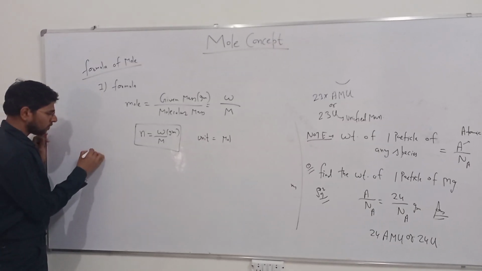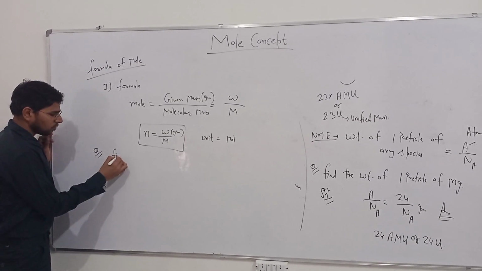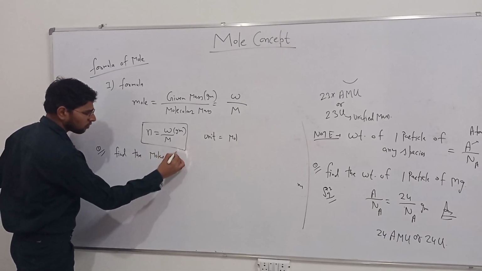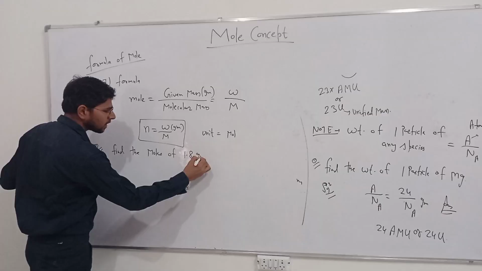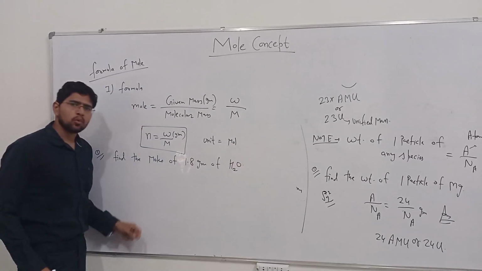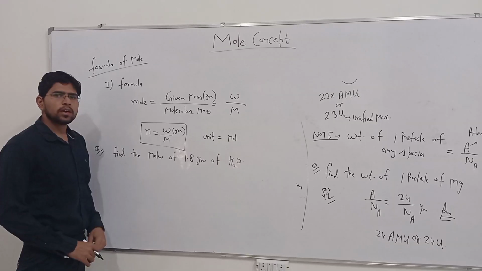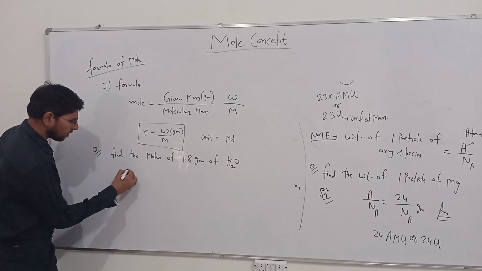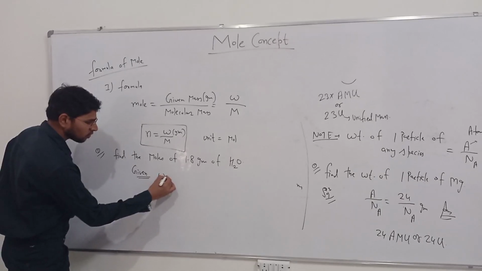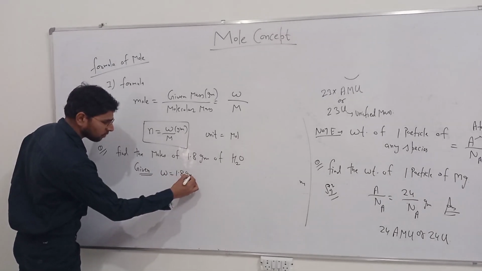Now we have one question. Find the moles of 1.8 gram of H2O. What is given in this question? W is equal to 1.8 gram.